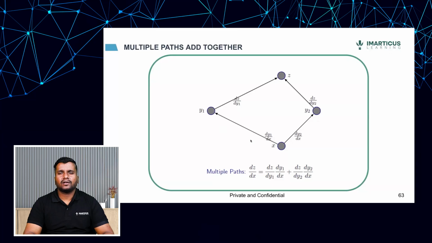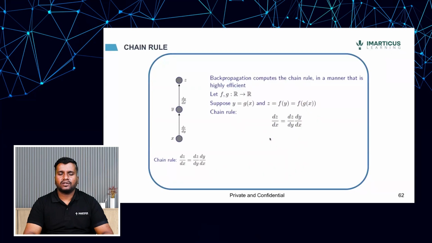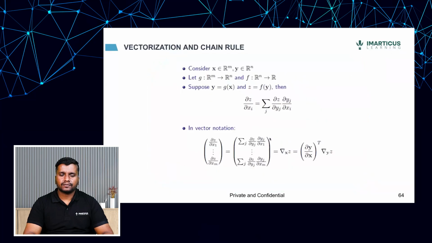So dz by dx is equal to dz by dy1 into dy1 by dx, plus similarly dz by dy2 into dy2 by dx. This tells us that even if there are multiple paths, we have to follow the partial derivative form of the chain rule.